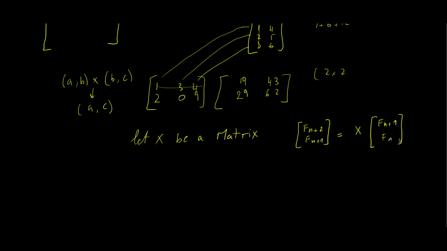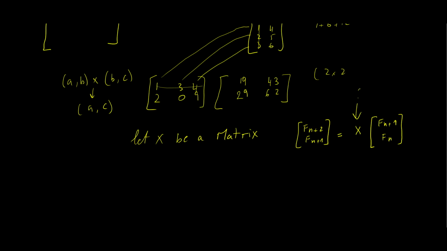So why is this relevant? If we know the value of f of n and f of n plus 1 and we know this X, we can just multiply these two to get the next value f of n plus 2. Maybe this will be useful, but we first need to find this matrix X.